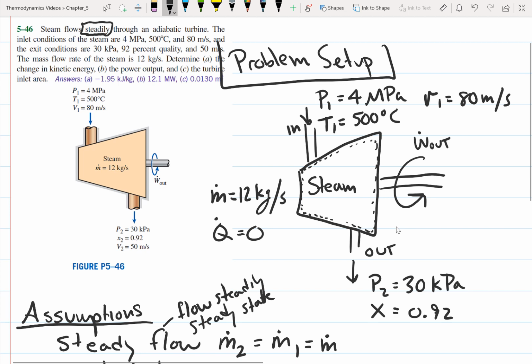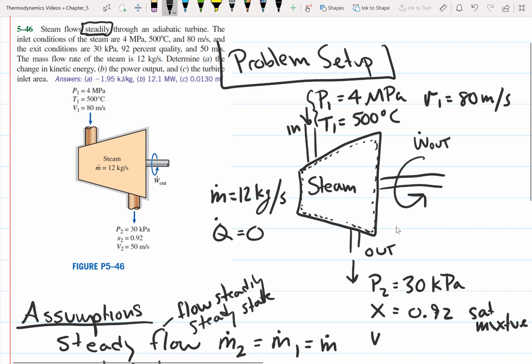0.92. So since it gives us a quality, that means that we know the phase of the outlet is a saturated mixture. So it's a mixture of liquid and vapor. Going in, since it says it's steam, we're going to look up this pressure and temperature and verify, but this is most likely a superheated vapor flowing in, and then we have a saturated mixture flowing out.